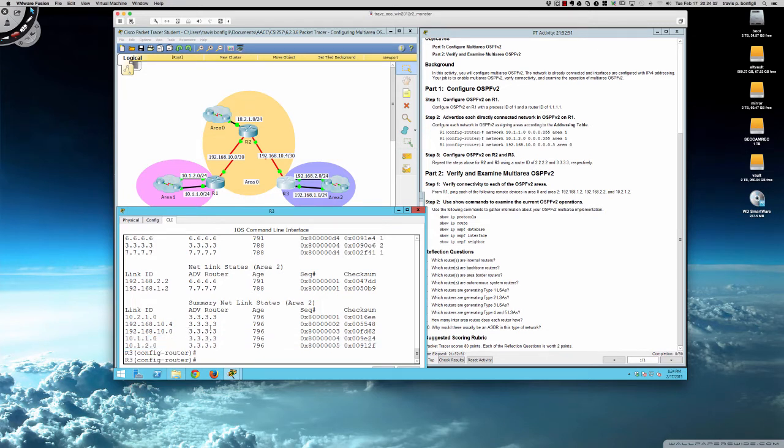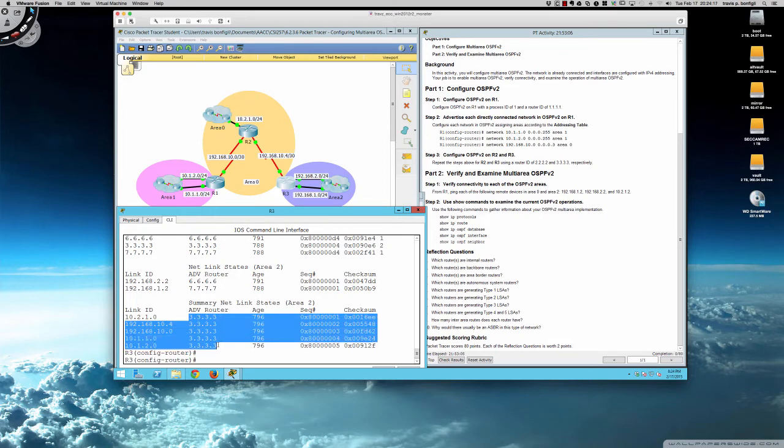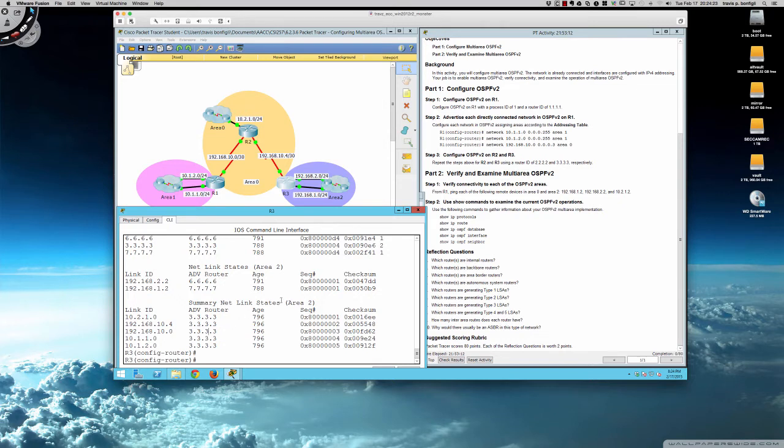So these will all be type 3 LSAs because these link state advertisements are coming from outside of area 2. The advertising router is us. It's router 3 because again, router 3 has an interface in area 0. All right, so I think that's answered some of these other questions here.